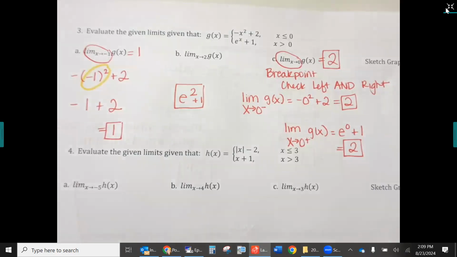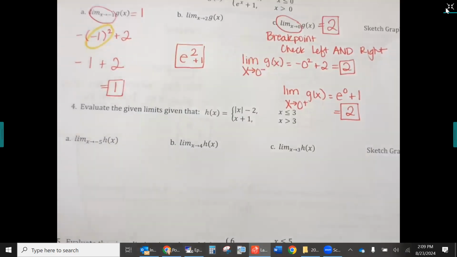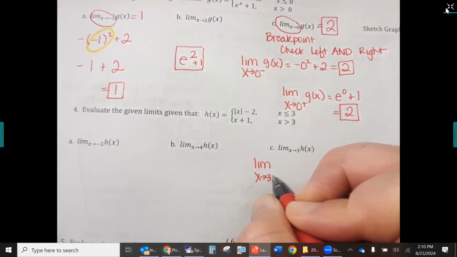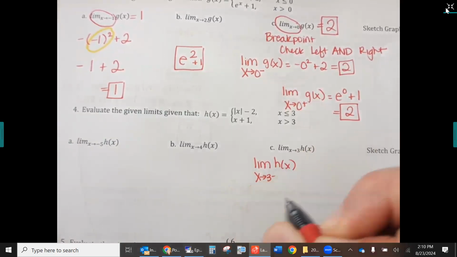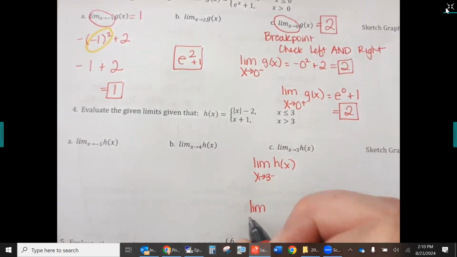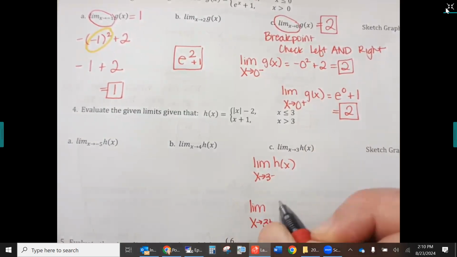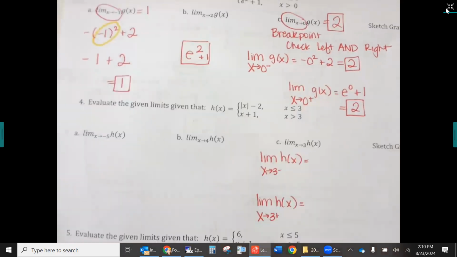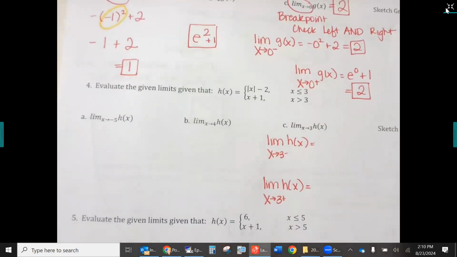Here's what I'm looking for. For part C, you would need to find the limit as X approaches 3 from the left. And then the limit as X approaches 3 from the right. Then once you find those two, you look and see if they match or not.